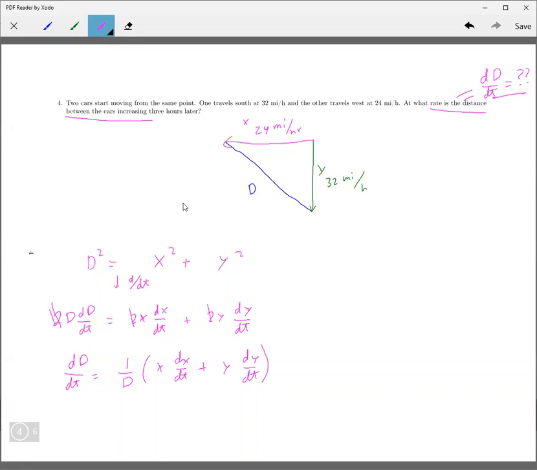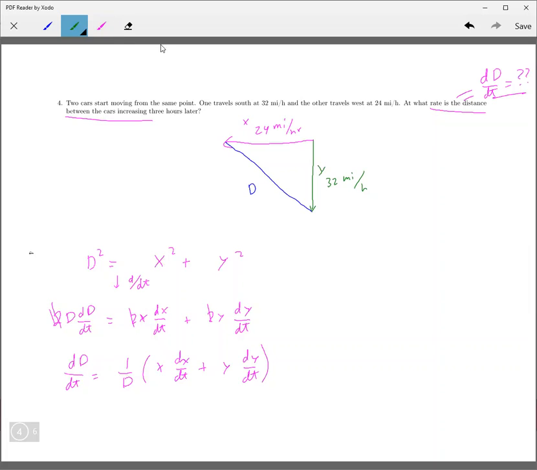Okay, so up until this point, the important thing is you treat all of these, the d, the x, and the y, you treat them all as variables. Treat them all as variables. And then once you take the derivative, and you come down to having this, you're trying to find what this is, then you plug in the numbers, okay?